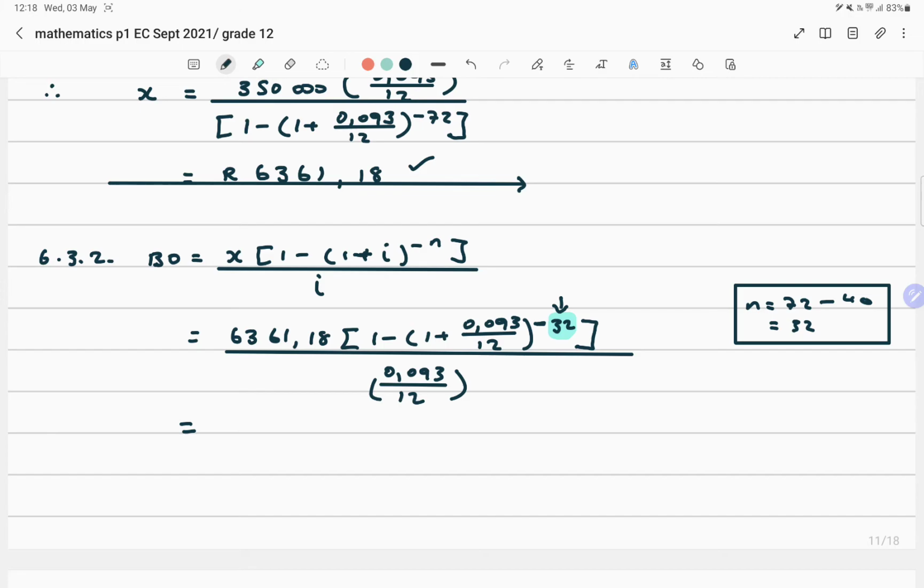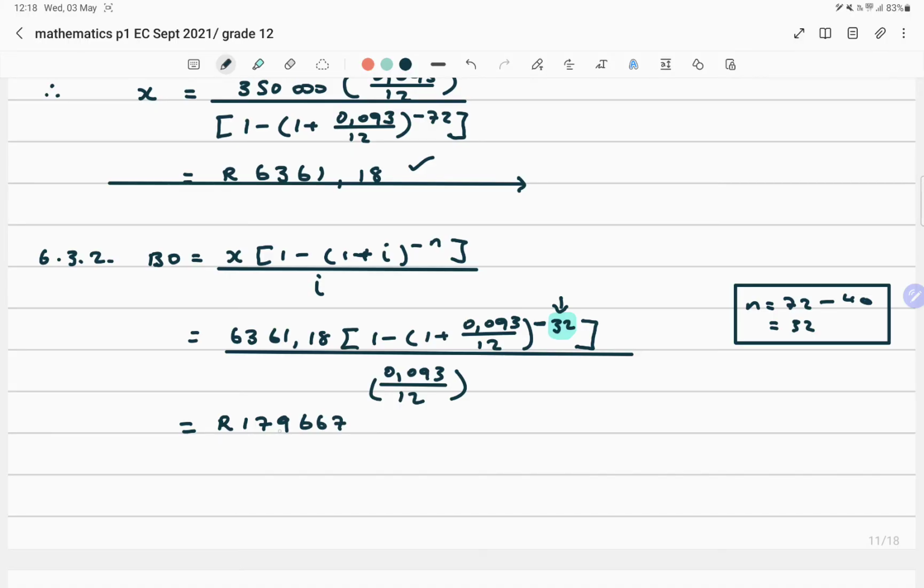So let's do it. 6361,18 into 1 minus 1 plus 0.093 divided by 12 to the exponent minus 32. We close that one, we divide by 0.093 divided by 12. So with these calculations, usually the problem is the substitutions. They are too complex. They are busy. These are not quiet substitutions.